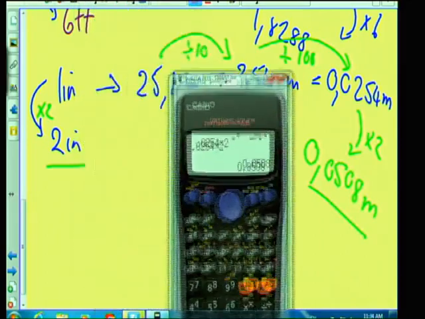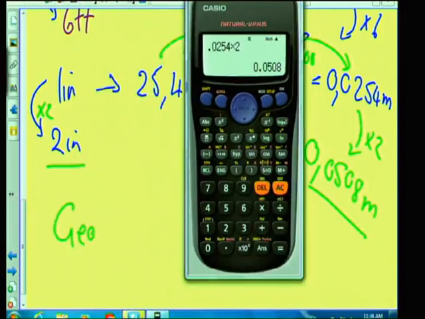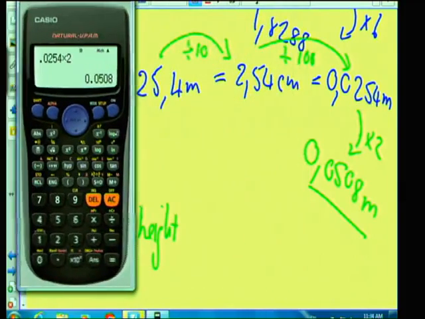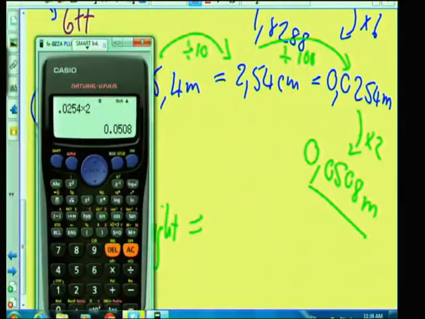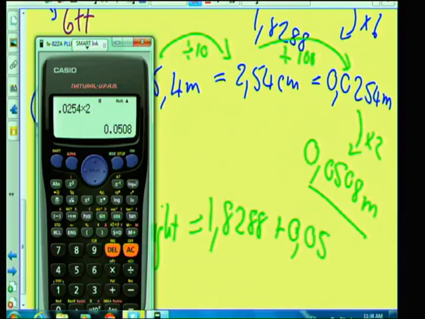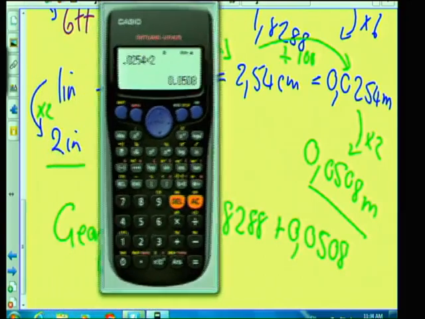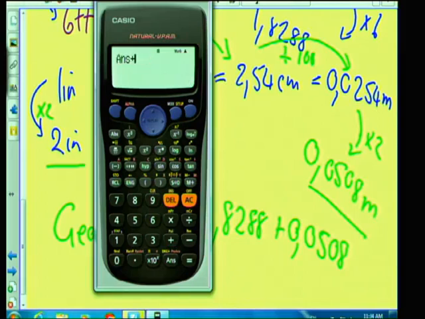So what have I got to do to get the total height? George's height is equal to 1.8288 plus 0.0508. Let's add it in and let's see where we go. You know what, I didn't do the right addition.